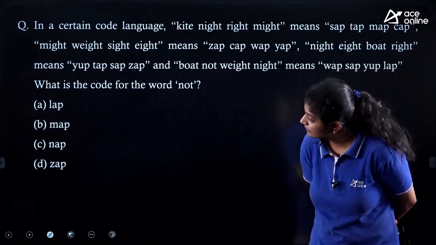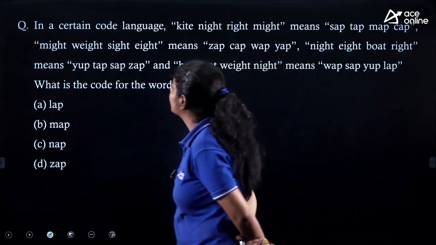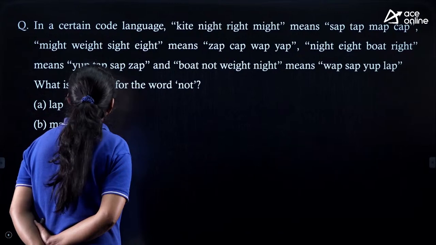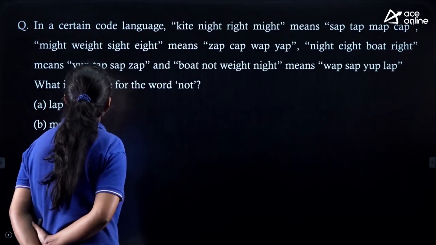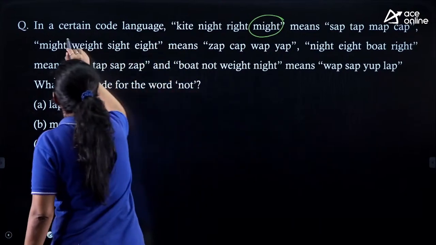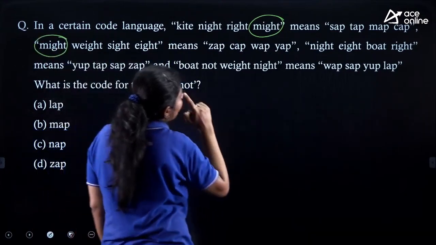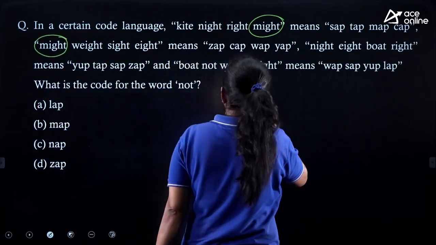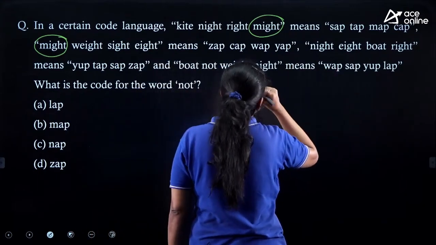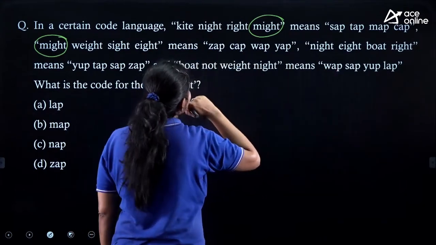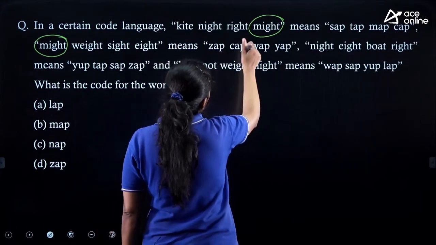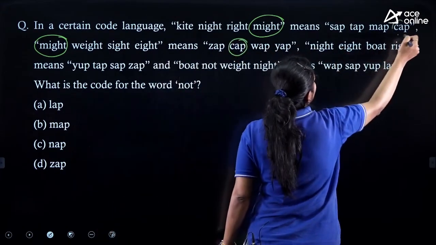Okay, Mark, let's see whether you got the correct answer or not. So the common word that I can see over here is might. In the first two clues, I got a common word over here is might, and I guess it is somewhere else also. So for the might, the common code that we are having over here is cap, right?